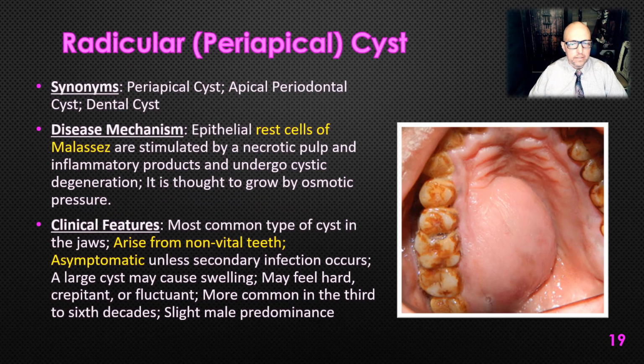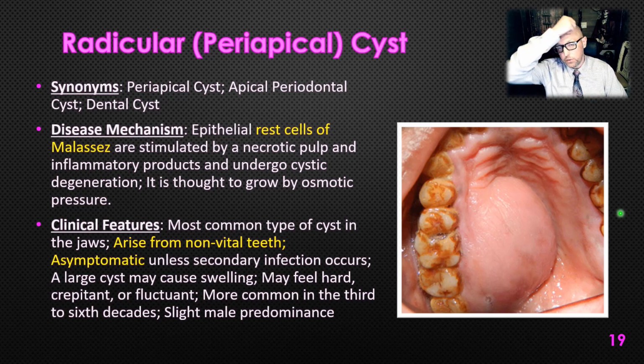All right, so periapical cyst. We said this is when some epithelial cells, specifically the rests of Malassez, react to inflammatory byproducts that are being released by this periapical inflammatory lesion. And they're stimulated and they undergo cystic degeneration and form an actual cyst, so an epithelial lined sac of fluid.